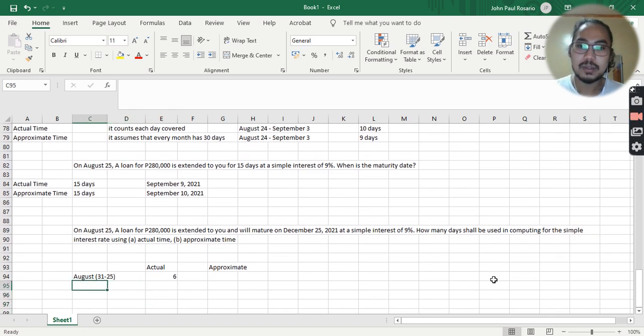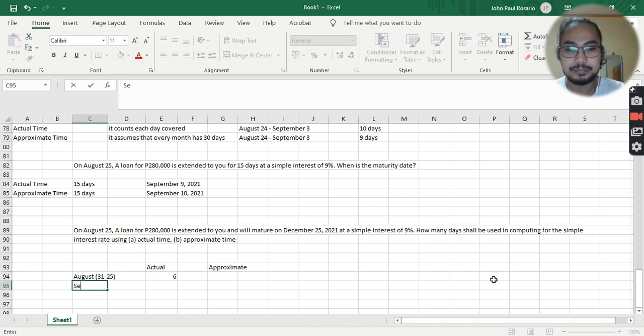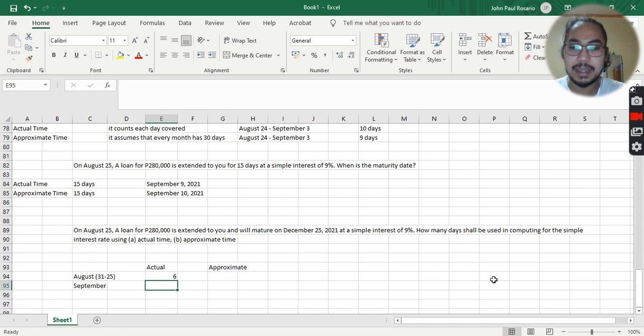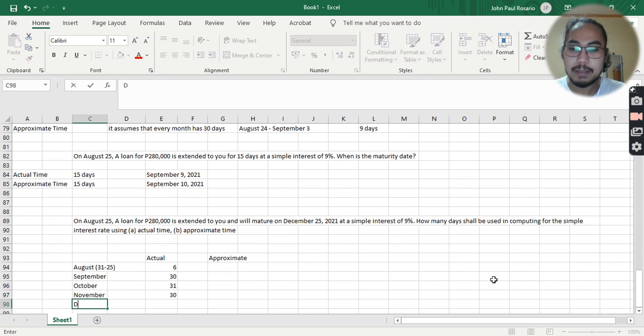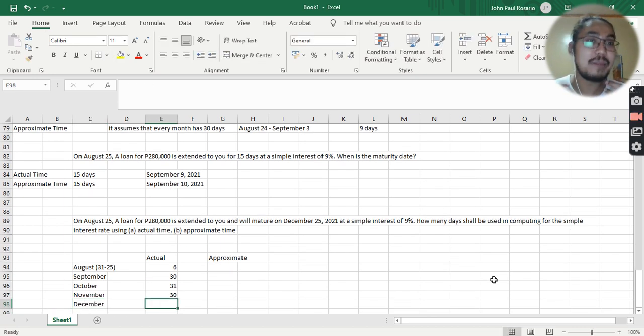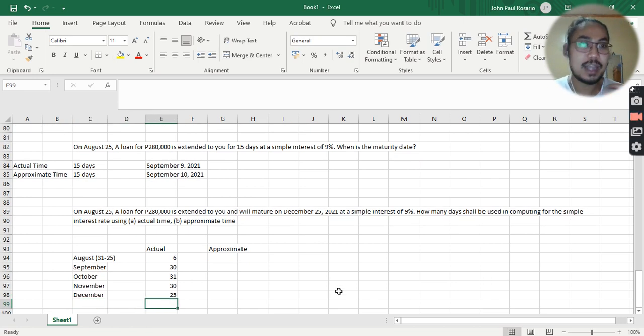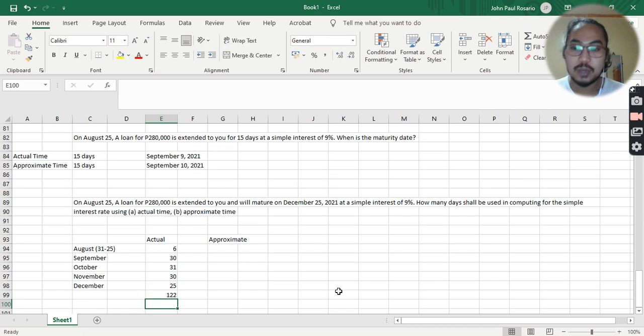And then September has 30, October has 31, November has 30. And for December, the due date, we count from December 1 up to the maturity date. December 25, so 25 days. So the total number of days used for actual is 122 days.